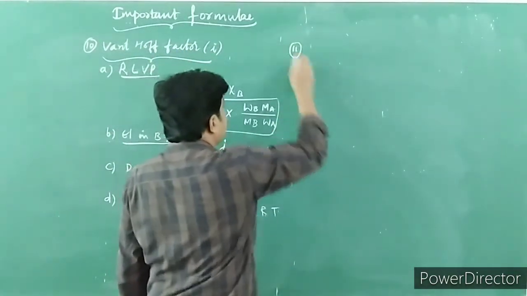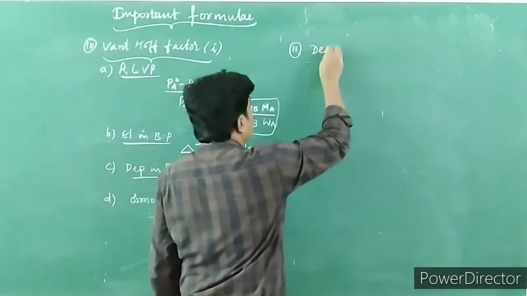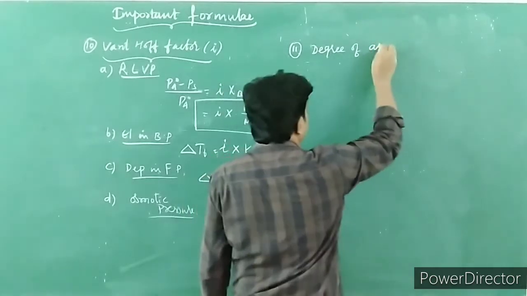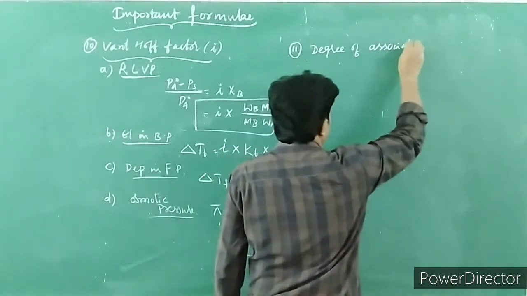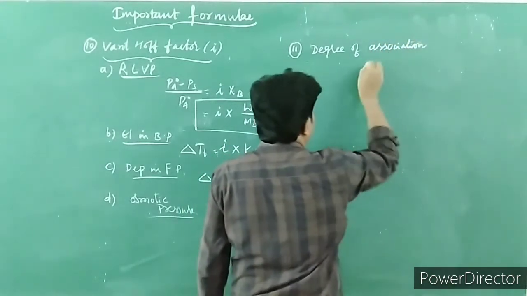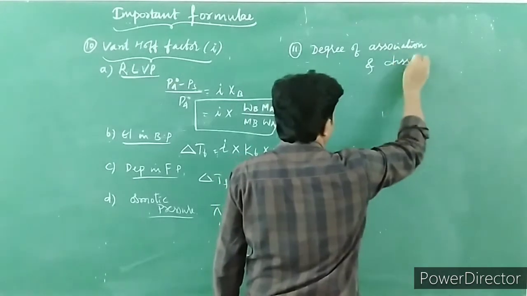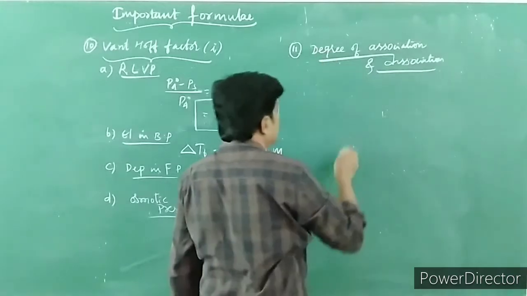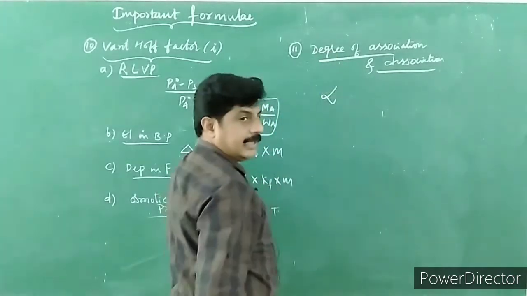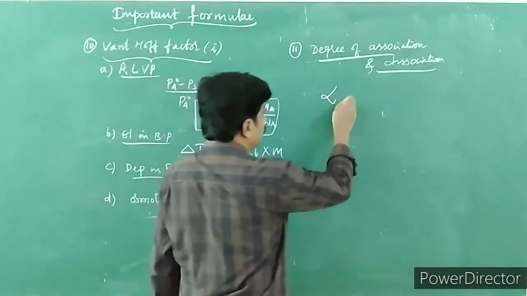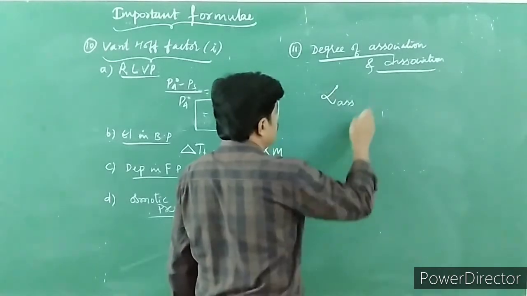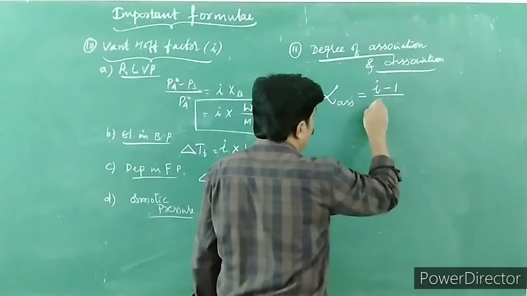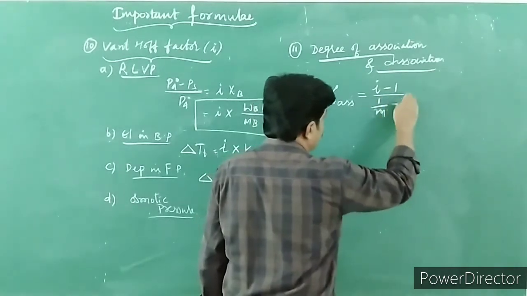The 11th one is degree of association and dissociation. Let me write first the degree of association: alpha is equal to I minus 1 upon 1 by M minus 1.